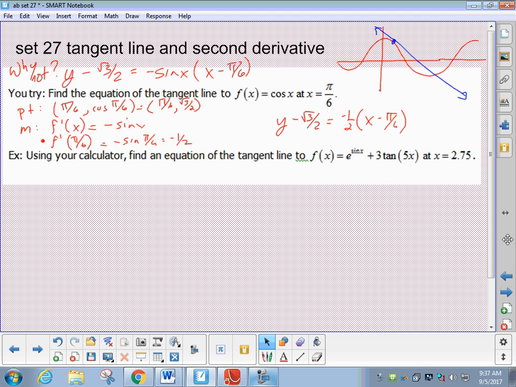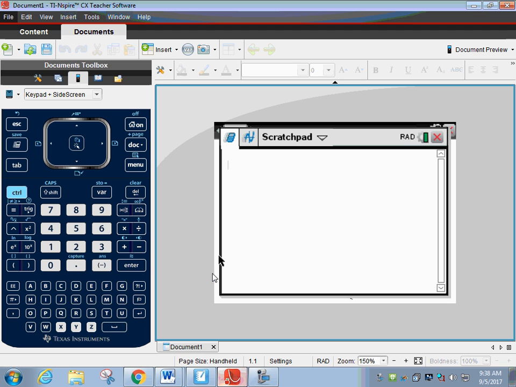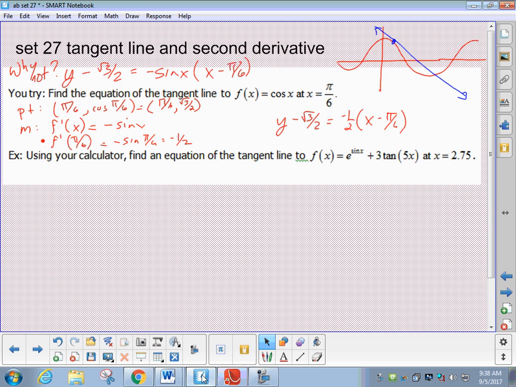Let's try making sure you can do this with the calculator. Get out your calculator, please. Put it in radian mode or go to your scratch pad in radians or whatever document you have that's in radian. Make sure it's in radian. We're going to find the equation of the tangent line to e to the sine of x plus 3 tangent 5x.